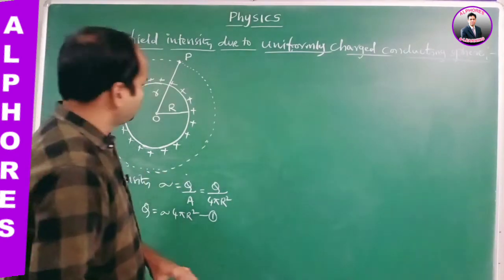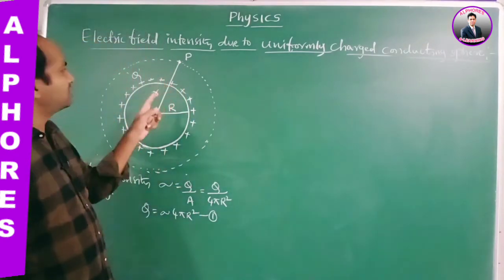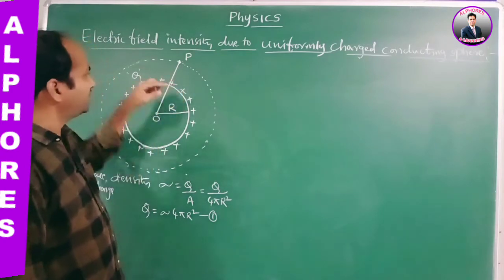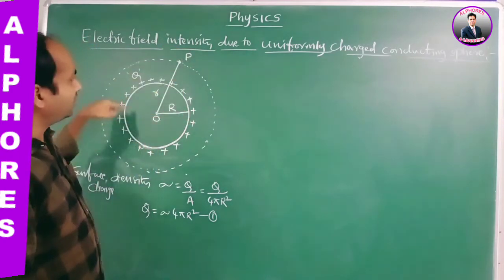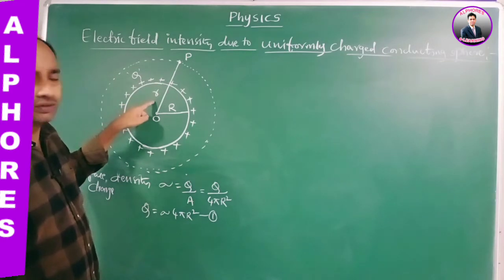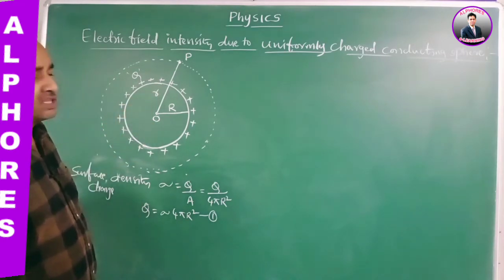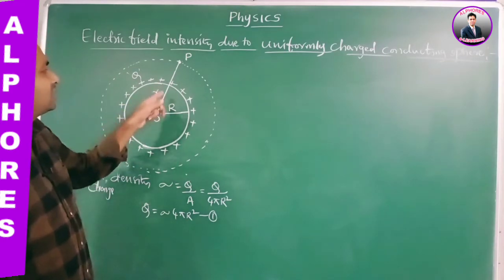We are constructing a Gaussian surface in the form of a sphere of radius small r.